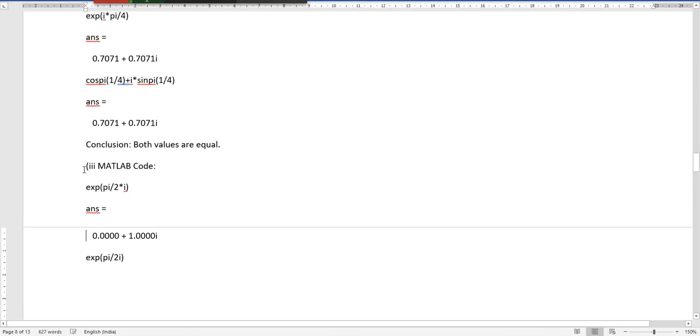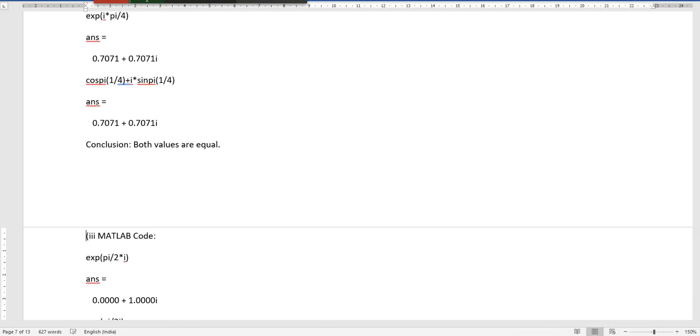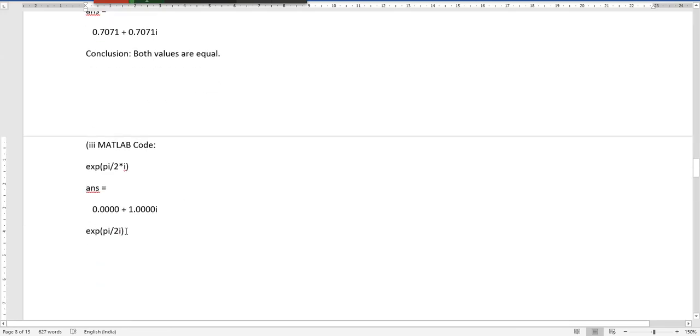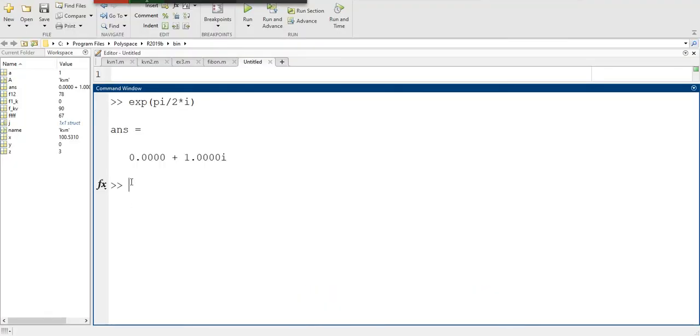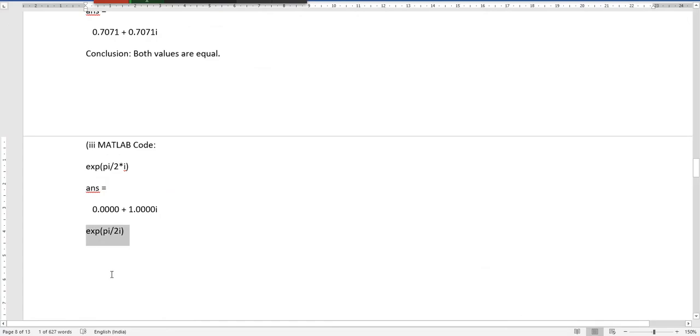Okay, I will write in the next page better. Now, what about this value? Okay, what happened? Surprisingly, you will get a different answer. So what happened? What is the difference here?